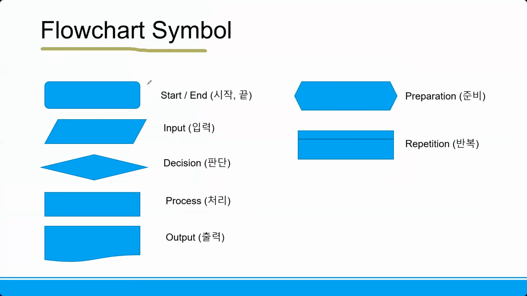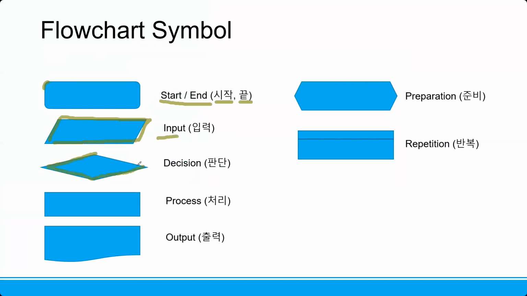So there are 7 symbols. 1, 2, 3, 4, 5, 6, 7. This rectangle with non-boundary box means start and end. This symbol means input.